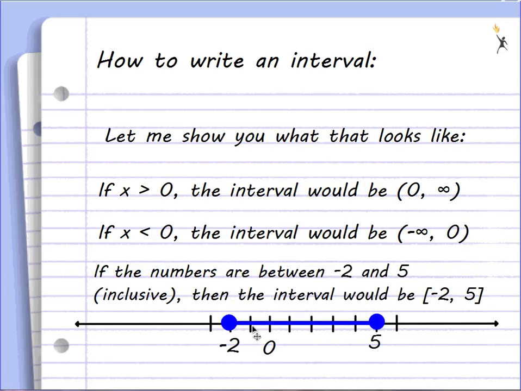If, on the other hand, I wanted the range of values between -2 and +5 inclusive, inclusive means that the endpoints are included in that range, then my interval would say my left boundary is -2, my right boundary is +5, and both are included, so I use square brackets.